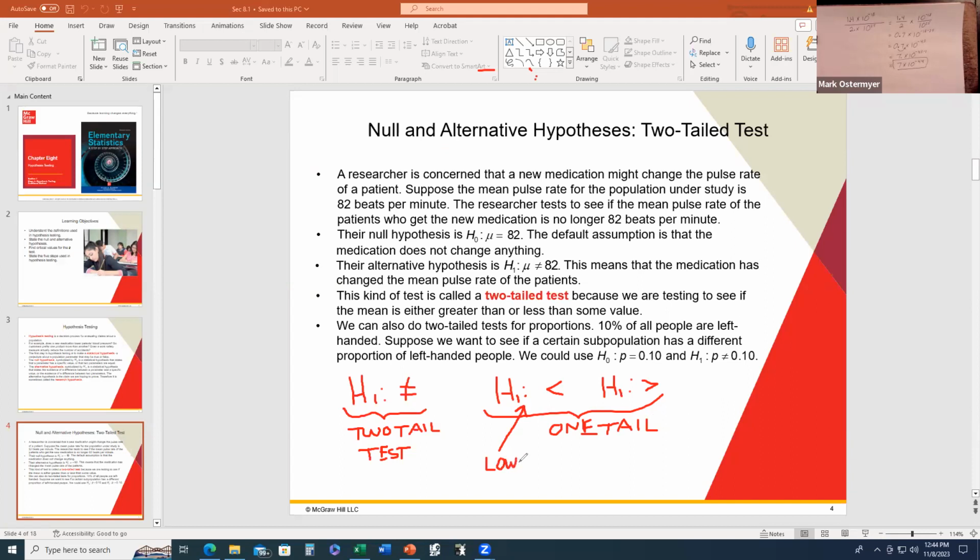If it has a strictly greater than symbol, it's called an upper tail test, for reasons which will become clear in the near future. So when we conduct hypothesis testing, it's either going to be a two-tail or a one-tail test. These symbols can indicate to you at a glance what type of test is being conducted.